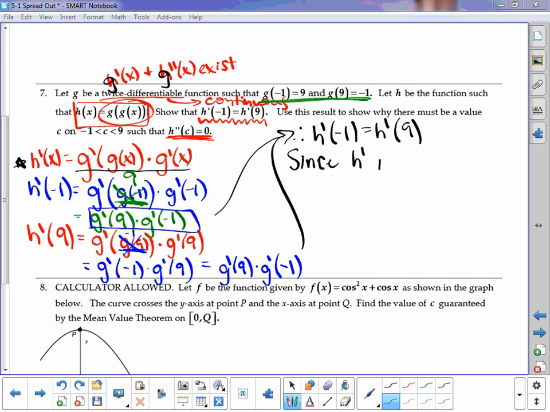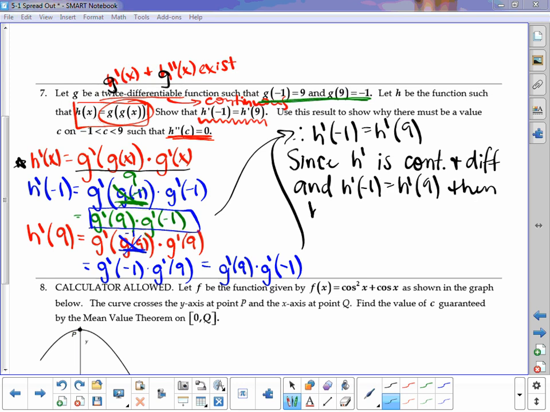Since h prime is continuous and differentiable, and h prime of -1 is equal to h prime of 9, then by Rolle's theorem, there exists, what letter did they use?